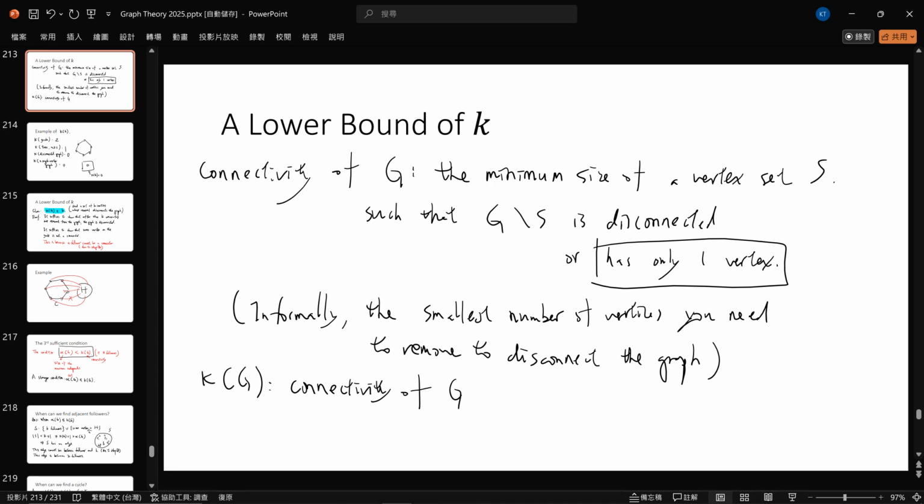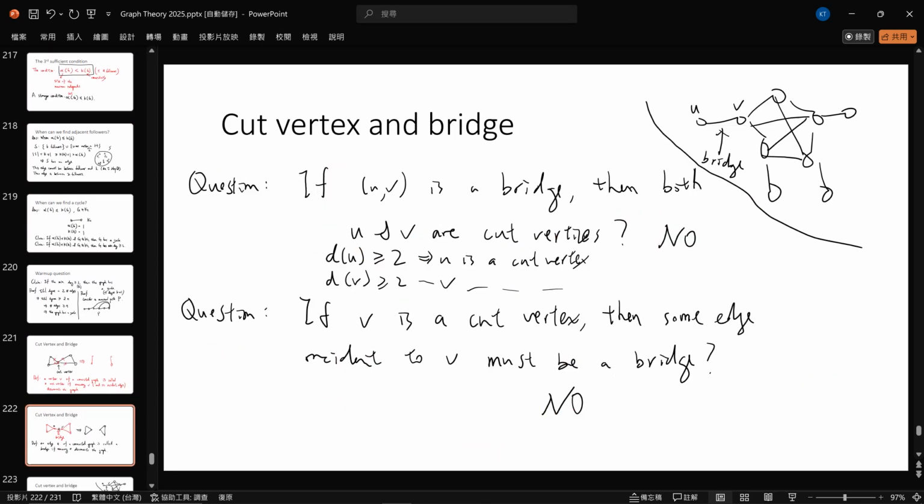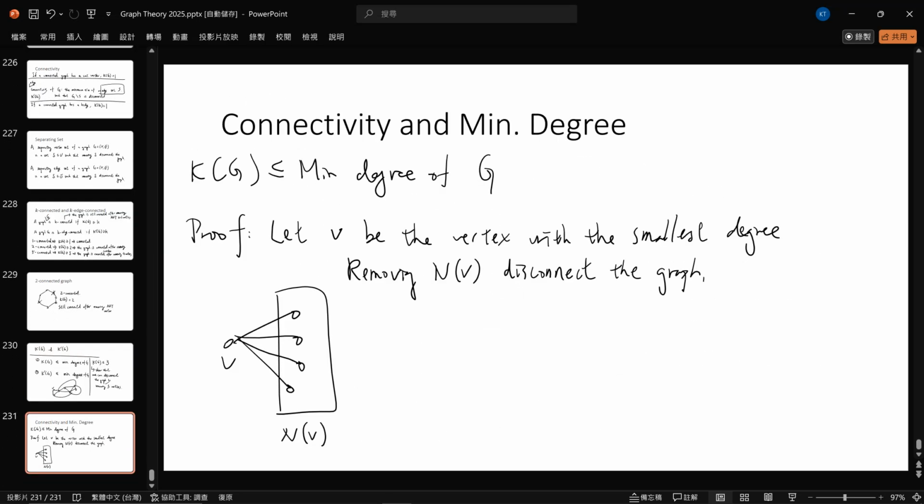Okay. So if I remove all neighbors of V, then either the graph is disconnected or the graph has only one vertex.